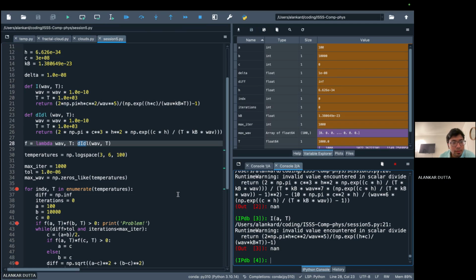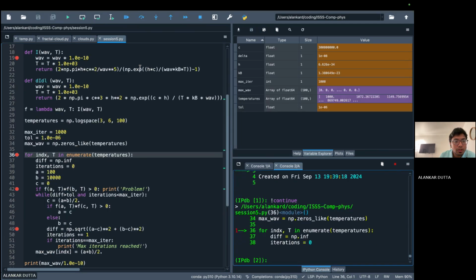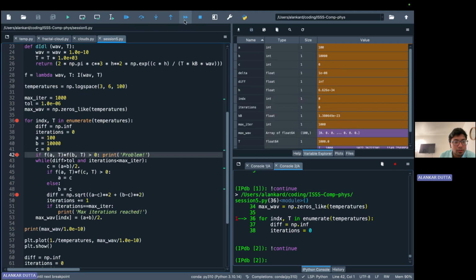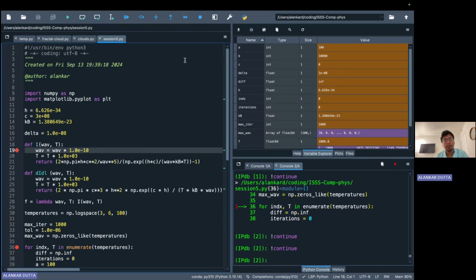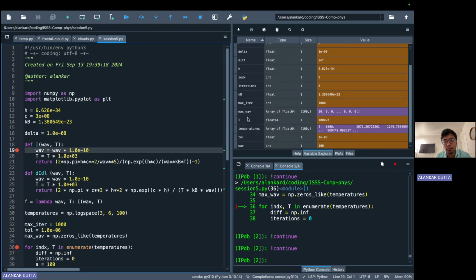Okay. Let's try this one. Stop the code. Let's just see what the problem of the nan business is that's going on in here.